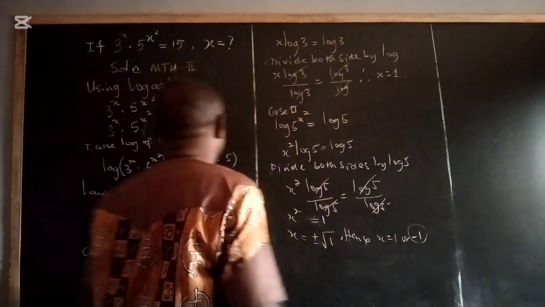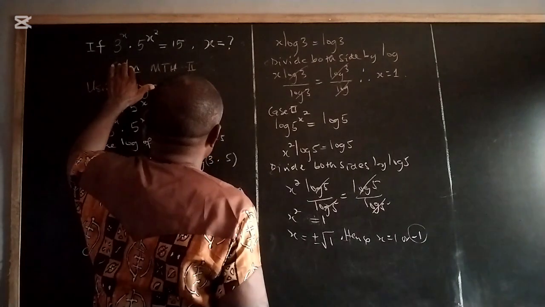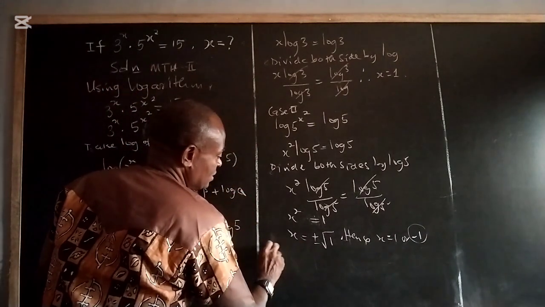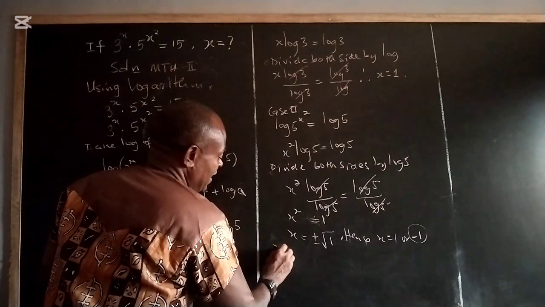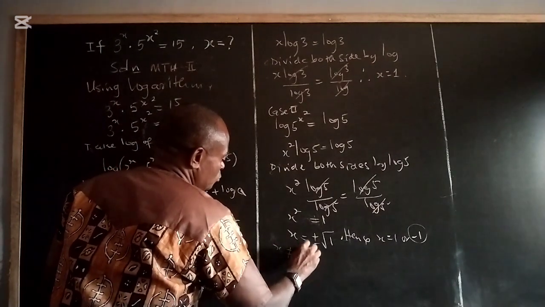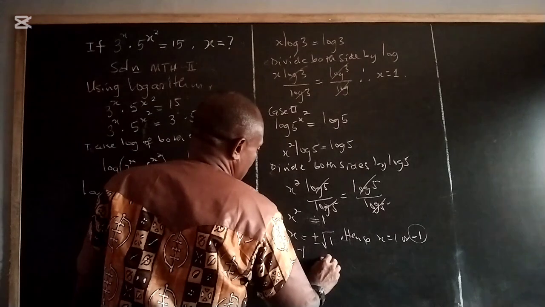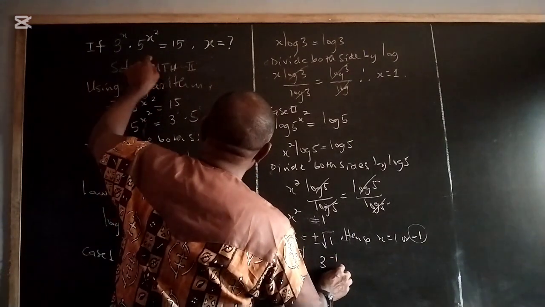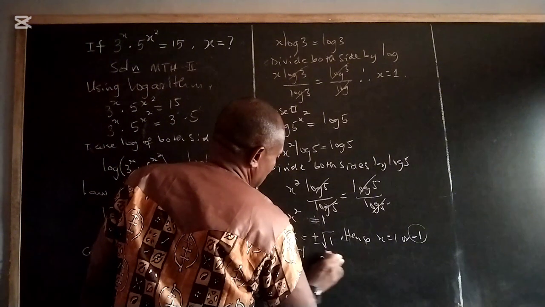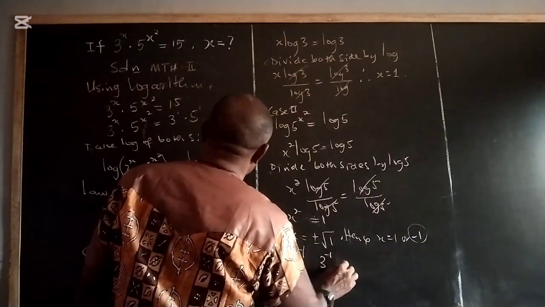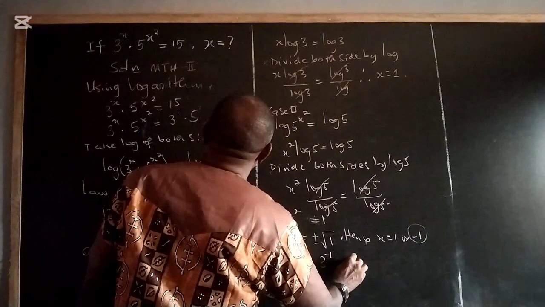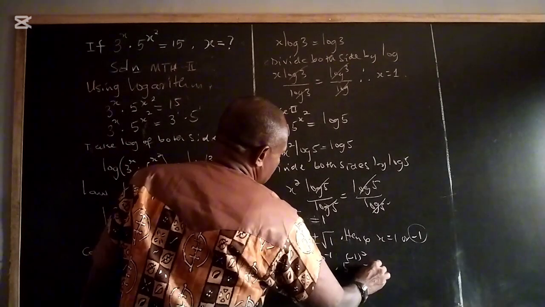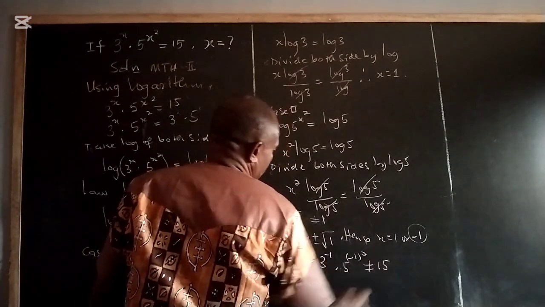The reason is that if we substitute into the original equation, x cannot be equal to minus 1. If you have 3 raised to power minus 1, times 5 raised to power minus 1 all squared, substituting into the real equation, this result is not going to give us 15.